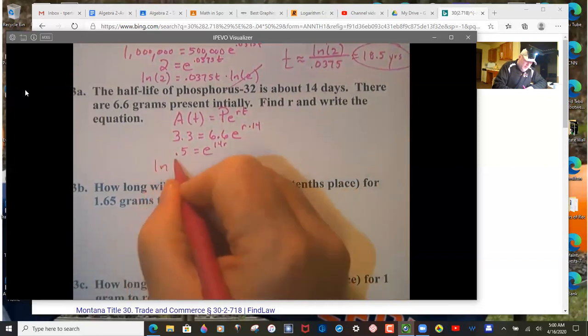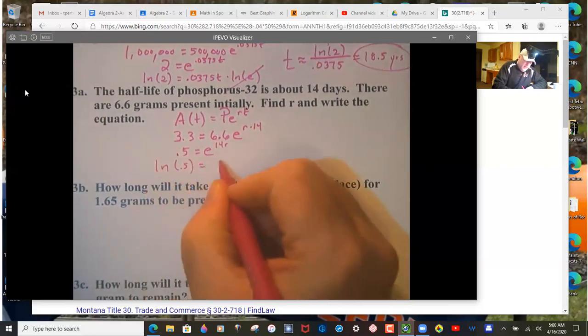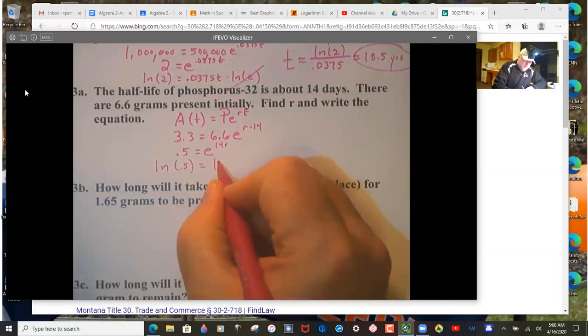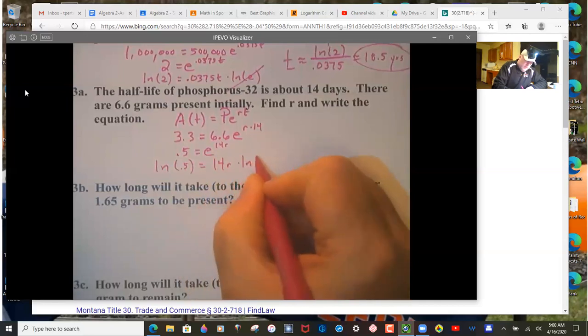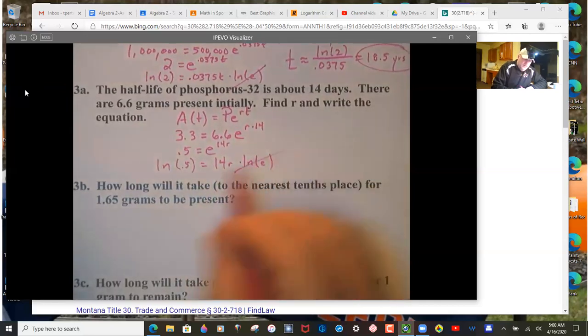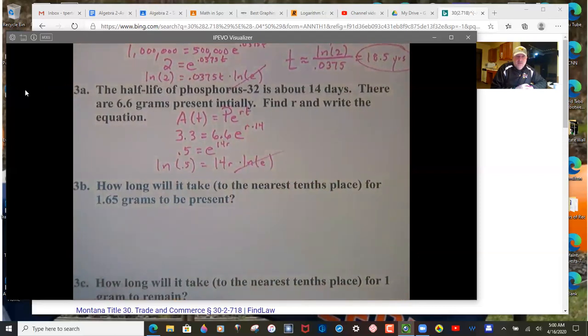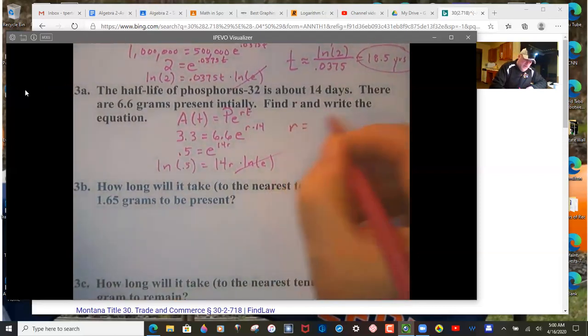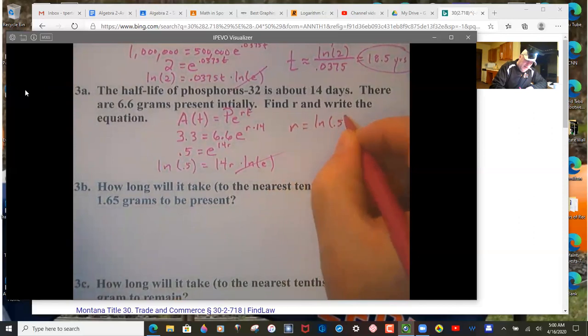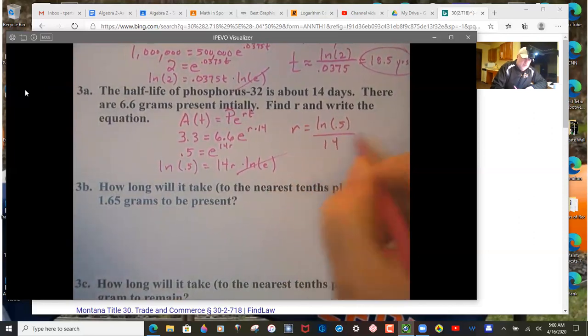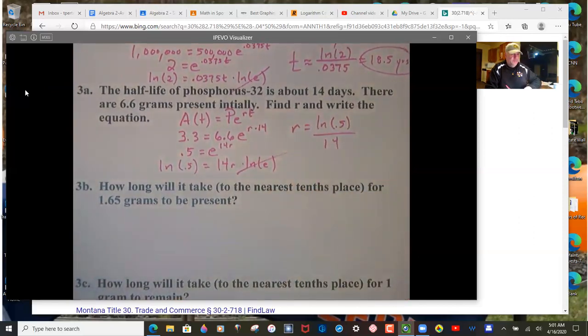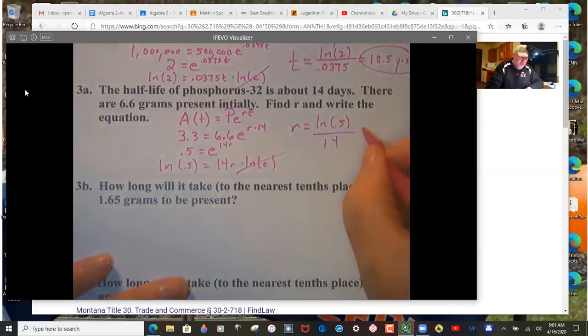You're going to do ln on both sides. Notice how, again, you have that ln of 0.5 for half-life. So r is going to be ln of 0.5 over 14, which is negative 0.05.